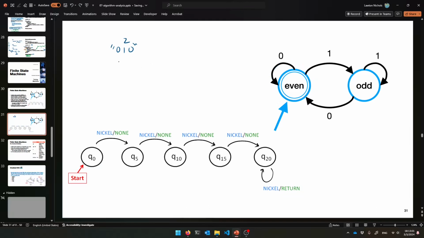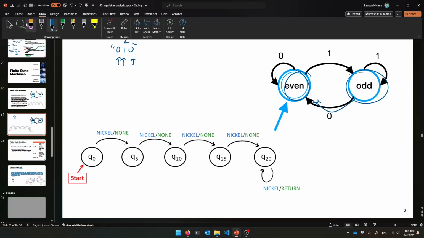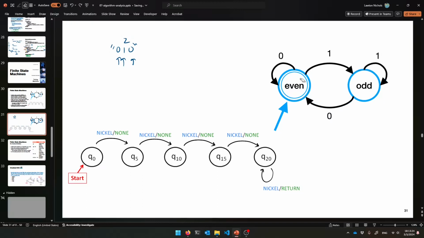You feed in the 0, so you start here, you run it on the 0, so you're still in even. See how it's working? Then you feed it the 1, you were in even, you gave it a 1, now you're in the odd state. Then in the odd state, you feed it a 0, it follows this transition back to the even state. Okay? So that's where you end up, and it accepts the string because it was an even string.